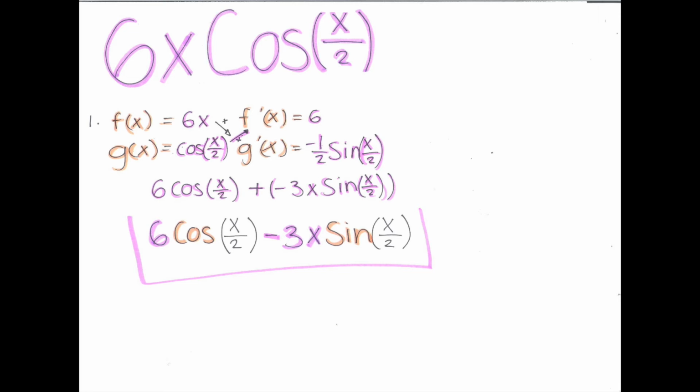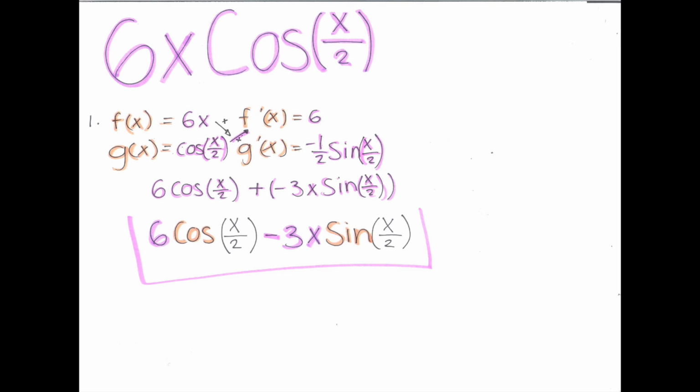So we need to multiply cosine of x divided by 2 times 6 plus 6x times negative 1/2, that will be negative 3x sine of x divided by 2. So the final answer of this will be 6 cosine of x divided by 2 plus negative 3x sine of x divided by 2.